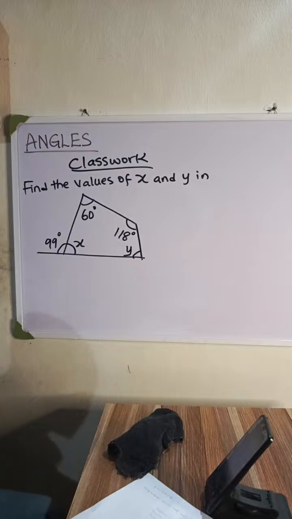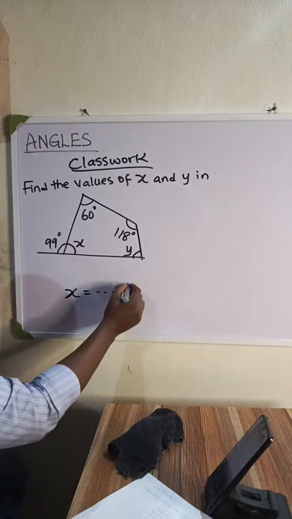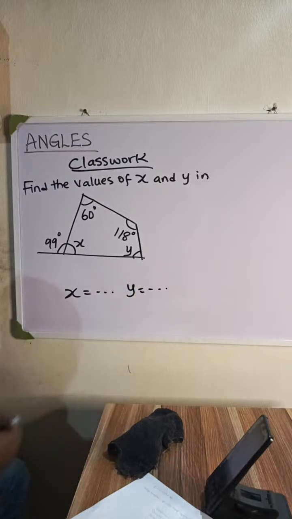Daniel said no. Daniel, you're right. None of you has given a complete answer. The complete answer is x is equal to something, y is equal to something.